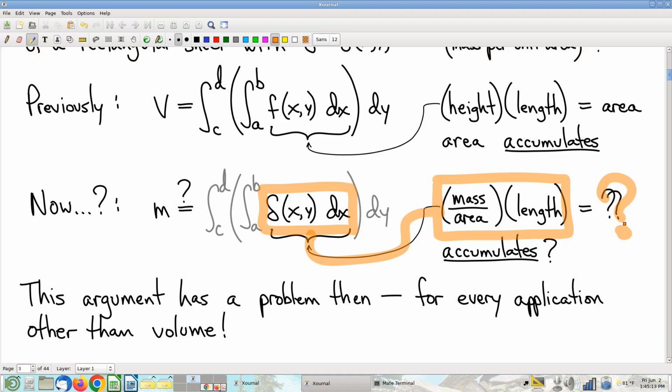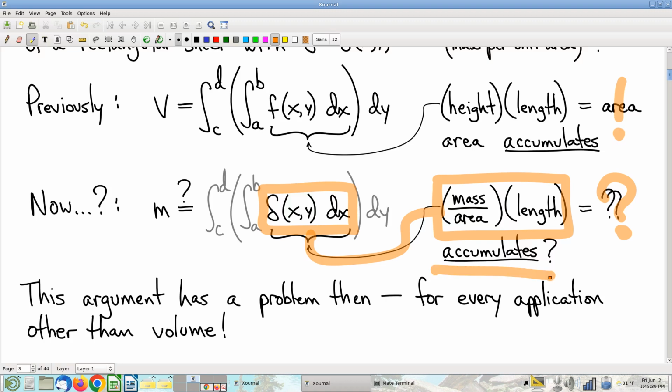That's not something I have pre-existing intuition for like I do with area. I've got a death grip on the understanding of area, right? But this thing, mass per unit area times length, what does that even mean? Mass per unit area is designed to be something that you multiply by area. When you multiply it by something that's not area, I don't know what we're talking about.